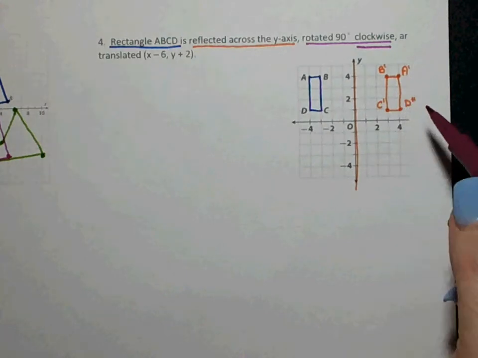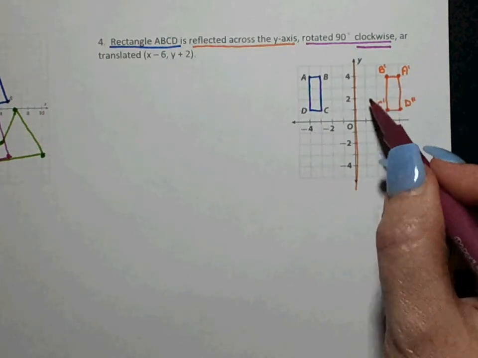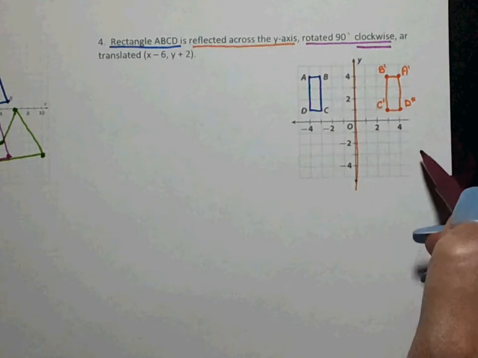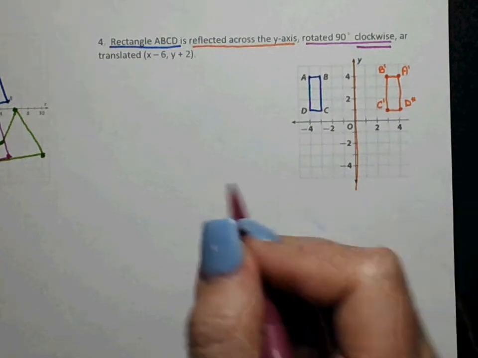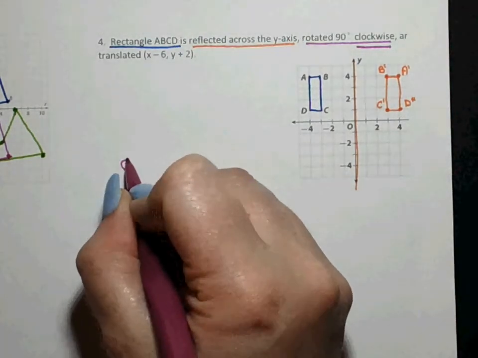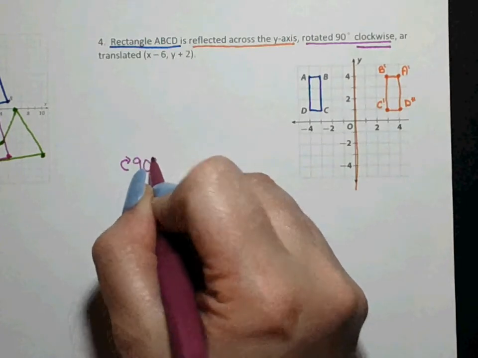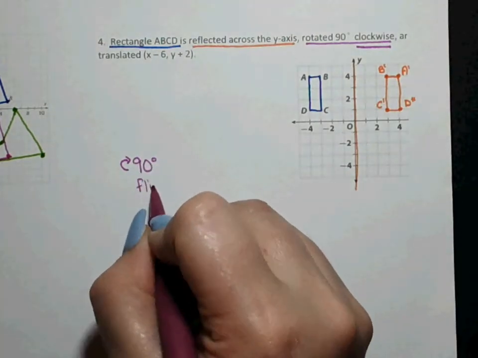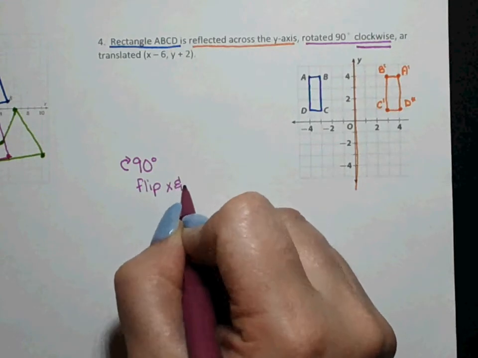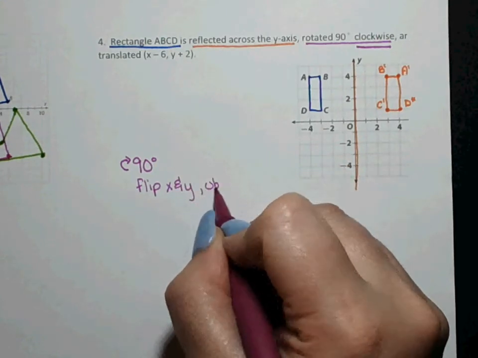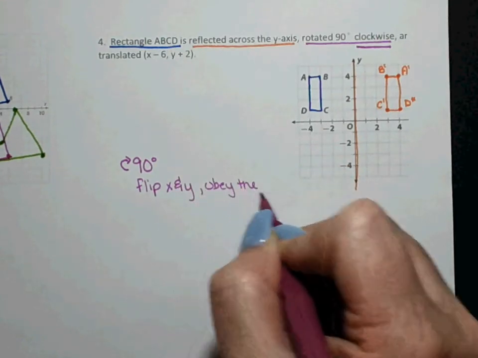We're going to go clockwise this time. So we're going to go from quadrant 1, a 90-degree rotation will end us up in quadrant 4. So anytime that we do a rotation of 90 degrees, we flip the x and the y values and then obey the quadrant sign.